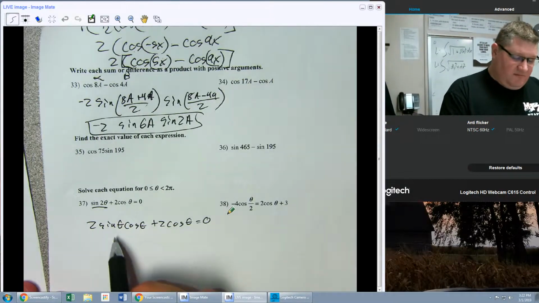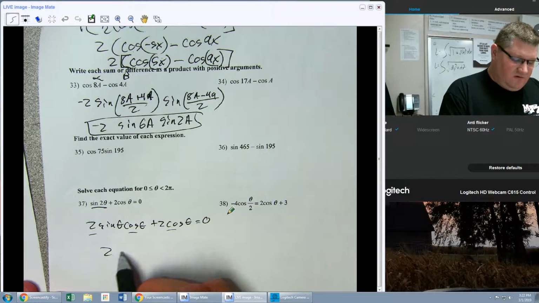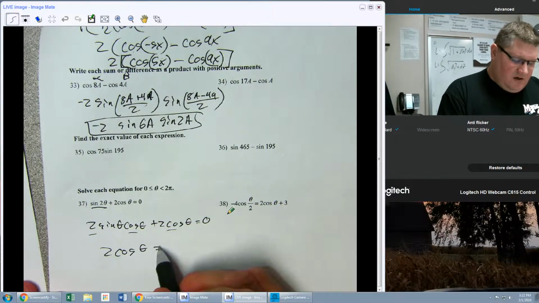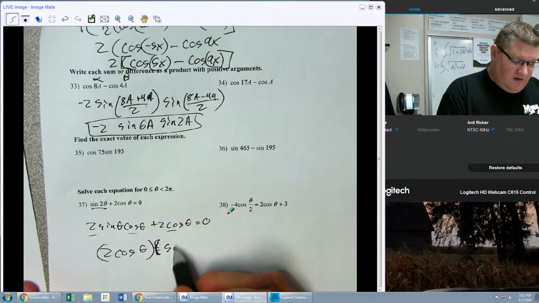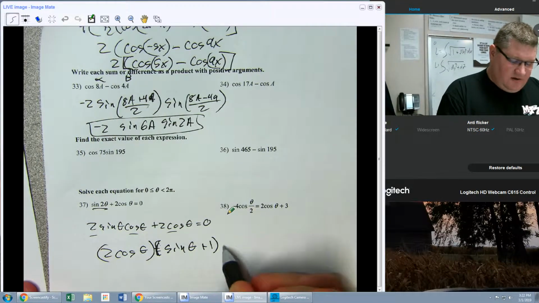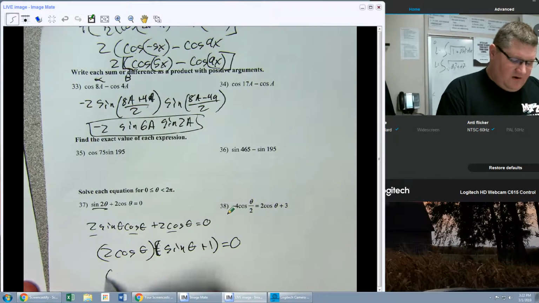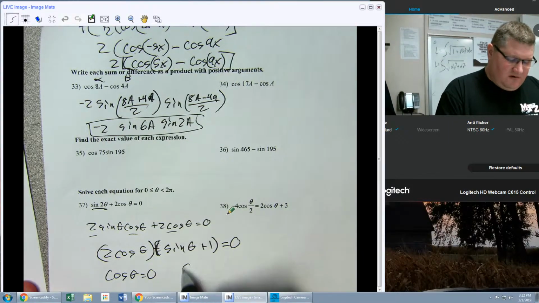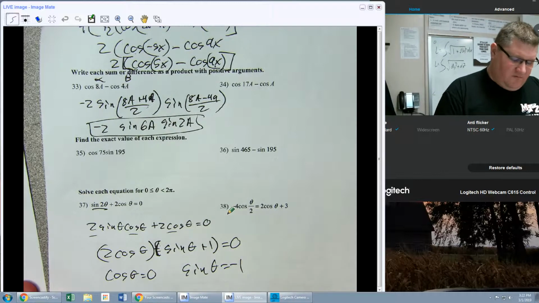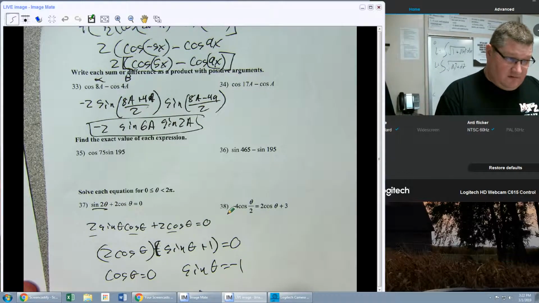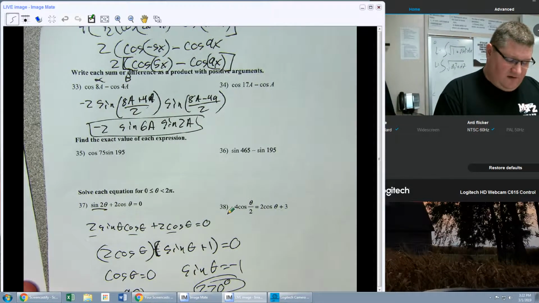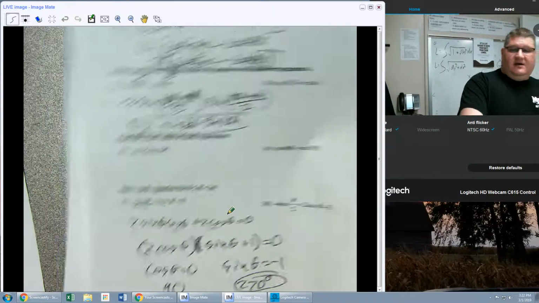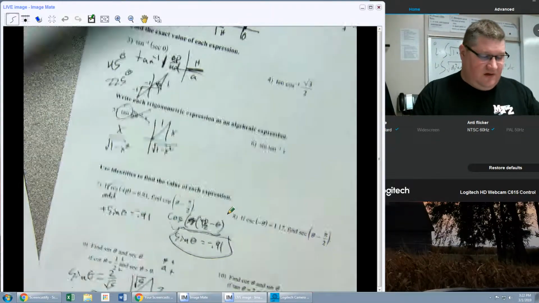At this point, what's common to both places? 2 cosine, so we got 2 cosine theta times sine theta plus 1 equals 0. So where does cosine theta equal 0? Where does sine theta equal -1? Well, sine theta is going to equal -1 at 270, and cosine equals 0 at 90 and 270.